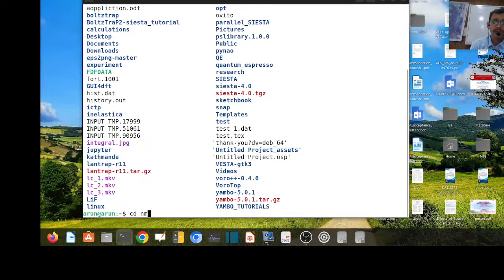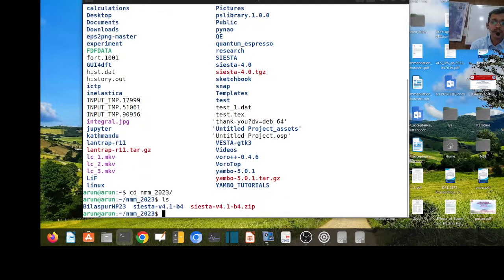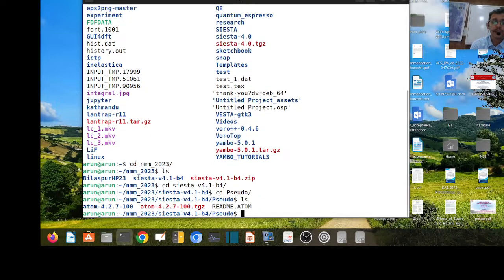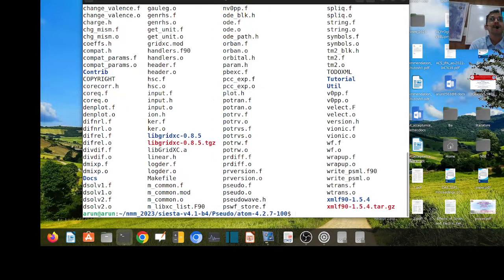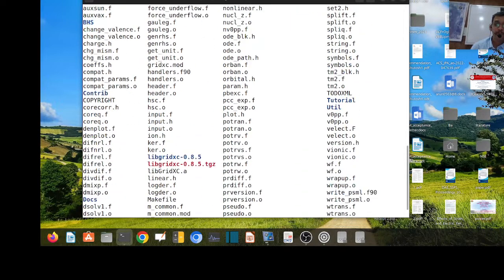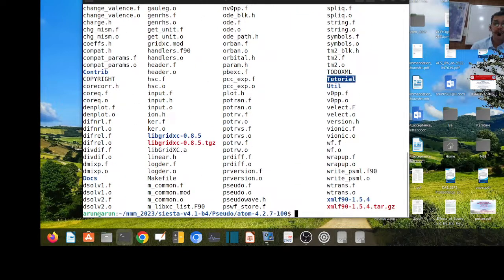I have installed Siesta in the NMM folder, so I go inside it, and inside it there is Util, and inside Util there is the atom code. I go inside the atom code, and there is a directory named tutorials.